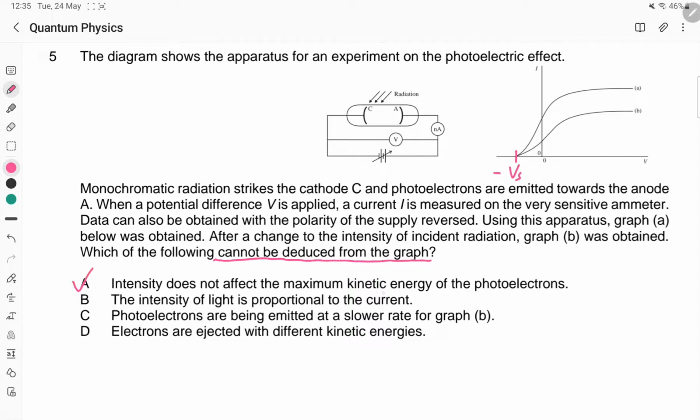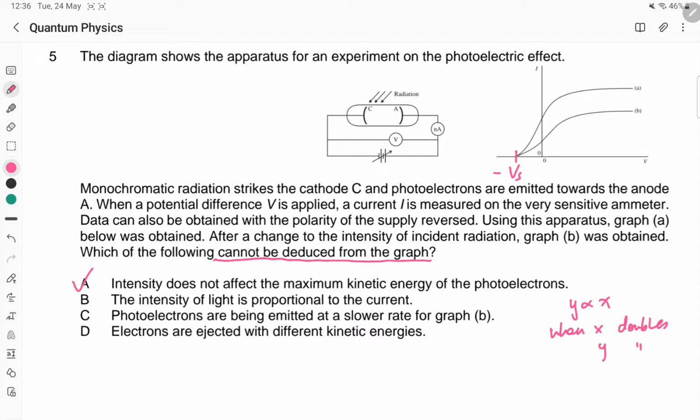Intensity is proportional to the current. So this is actually the statement that cannot be deduced. Why so? Because the idea of proportional is talking about a linear relationship between two variables. When you say y is proportional to x, we are saying when x doubles, y doubles.